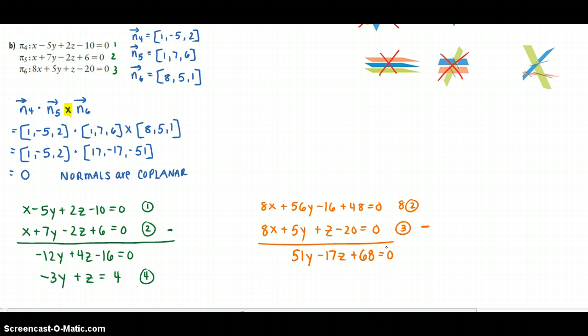And again, I can simplify this because each term is divisible by 17. And again, I think I'll bring my constant over to the other side. And we'll call that equation number 5. Two equations with two unknowns. I will use elimination between them to see if I can find a solution for one of the variables.